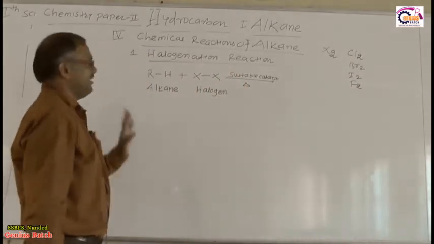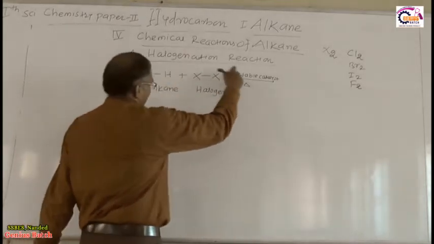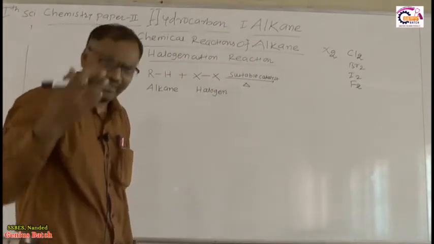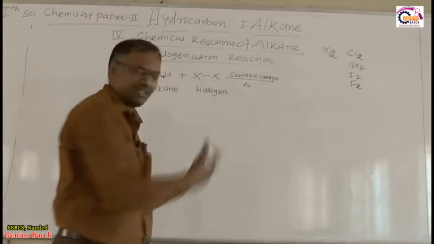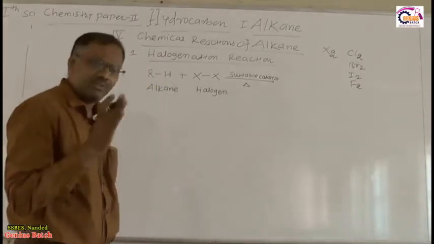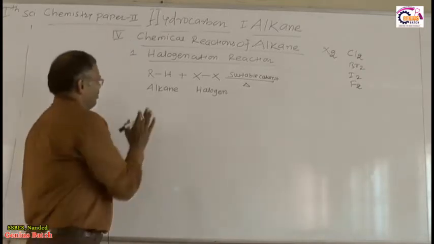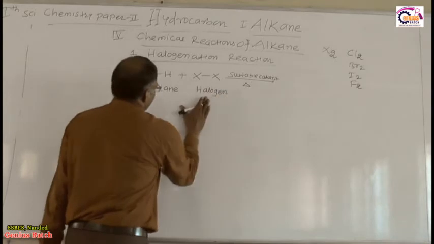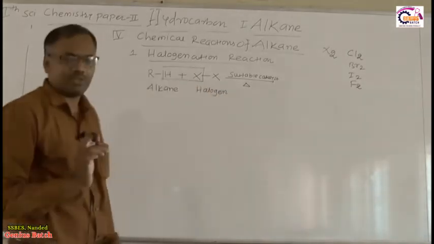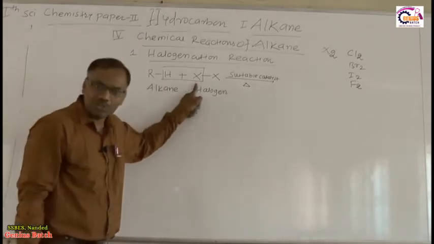So how does this reaction take place? When this alkane is heated with halogen in the presence of a suitable catalyst, with different catalysts for different halogenation reactions, what are the suitable catalysts? We will see one by one for each halogenation reaction. When this alkane is heated with this halogen, this hydrogen atom is replaced by the halogen atom.